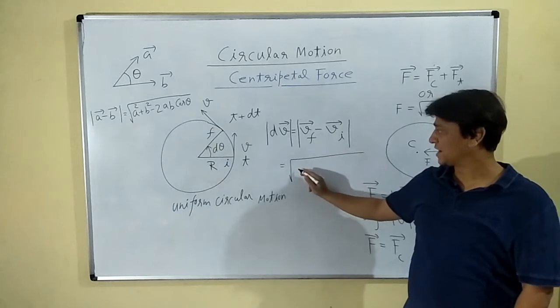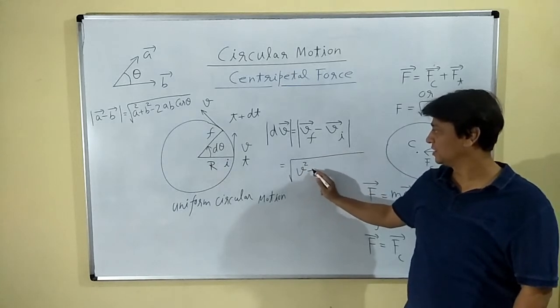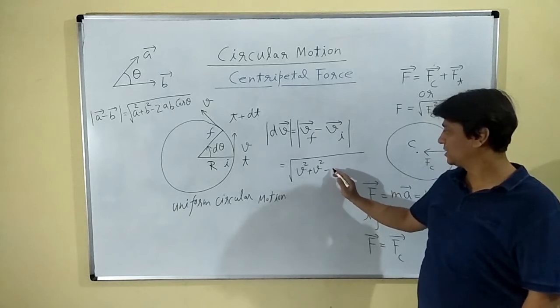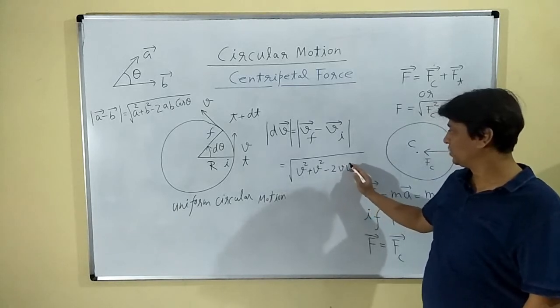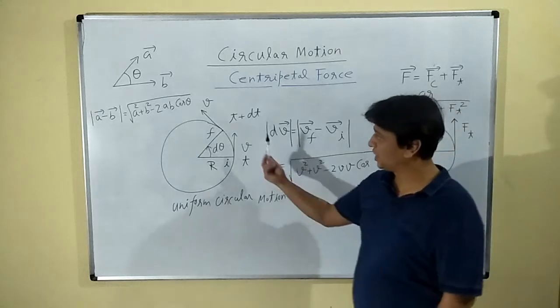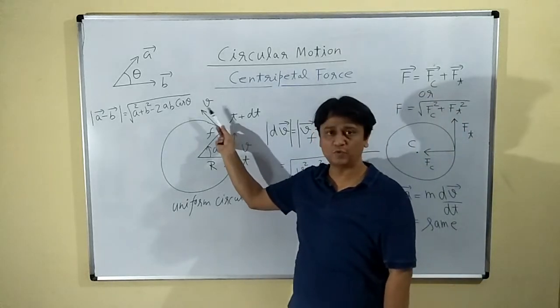Final velocity, its magnitude is v. Initial velocity, its magnitude is also what? v squared plus v squared minus 2vv cos of the angle between v initial and v final.